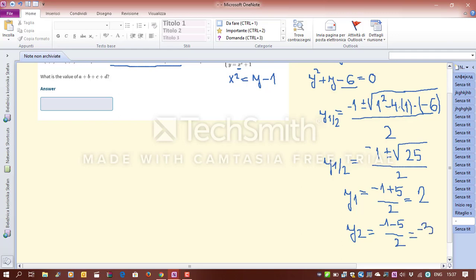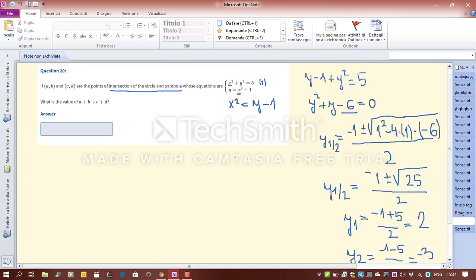Okay, now we have to find the x solution, so we replace that here. x squared will be 2 minus 1 equals 1, so x will have two solutions, plus minus the square root of 1: x1 will be 1 and x2 will be minus 1.